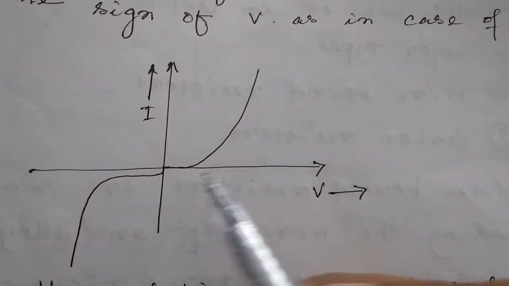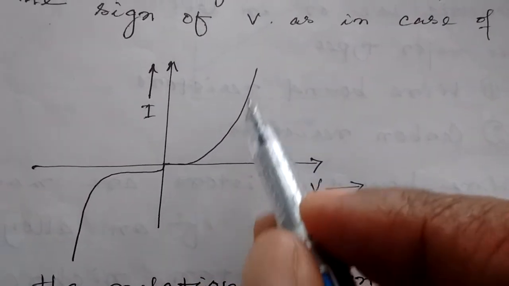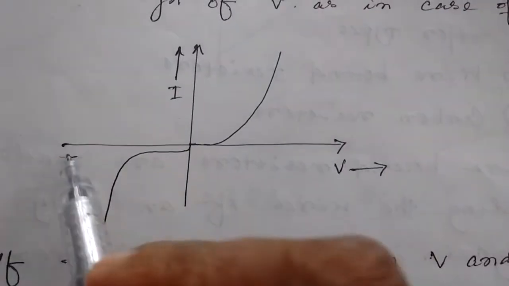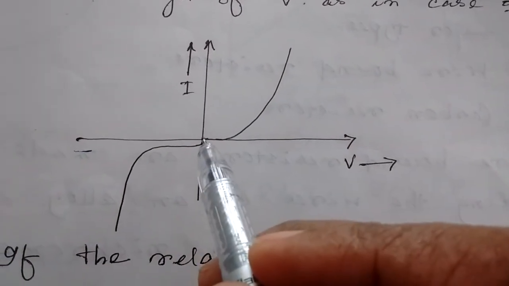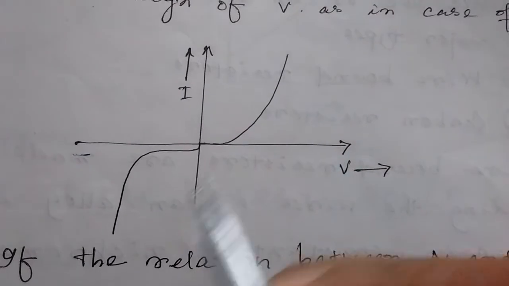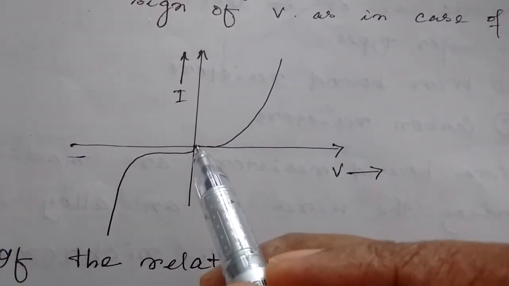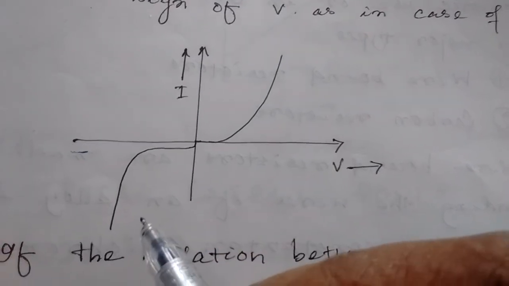When voltage is positive, current varies with respect to voltage like this. If voltage is negative, current varies like this with respect to voltage.